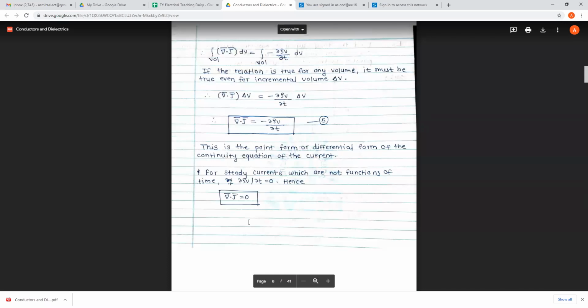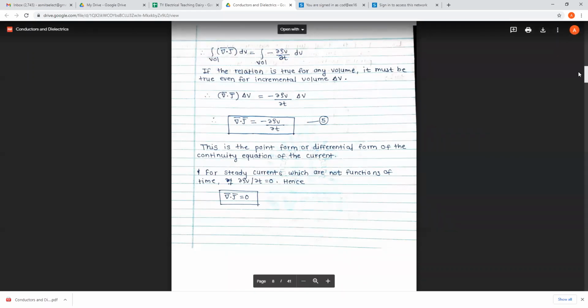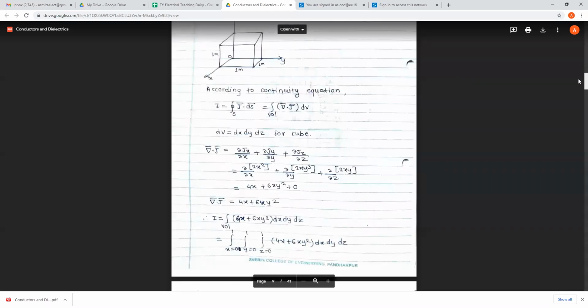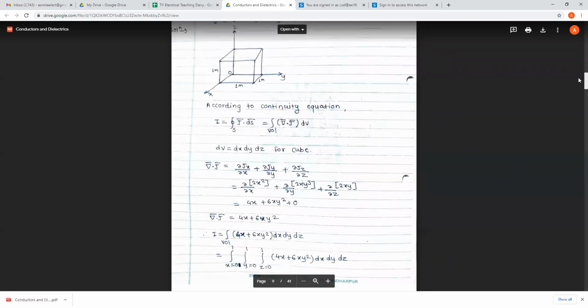If in the Maxwell's equations chapter they ask for the continuity equation of current, this equation is derived separately in the sixth chapter as well, but you can refer to this equation also for solving the derivation.